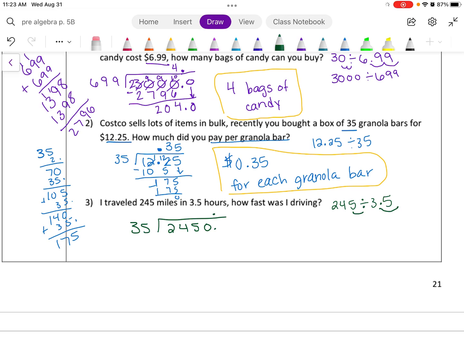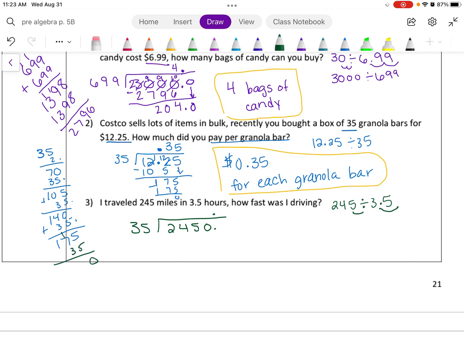So 35 does not go into 24, but 35 does go into 245. We have to think about how many times. So let's see. We know we'll keep going with our calculation over on the side.